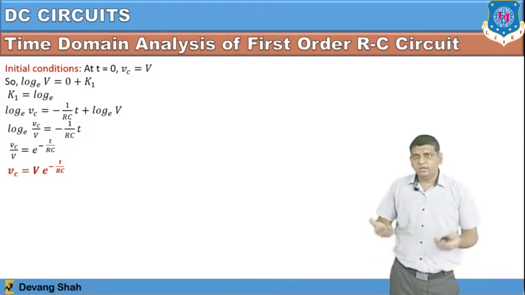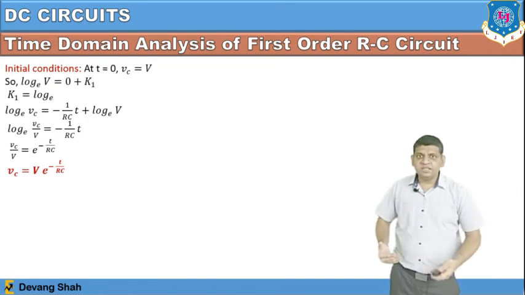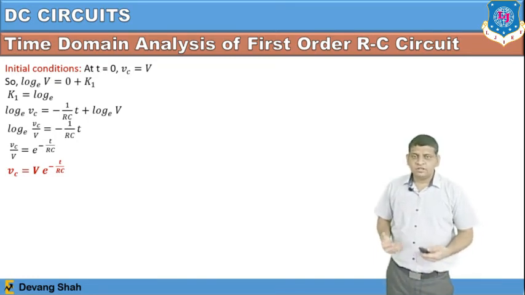Finally, the discharging voltage equation is Vc equal to V into e raised to minus t by RC.